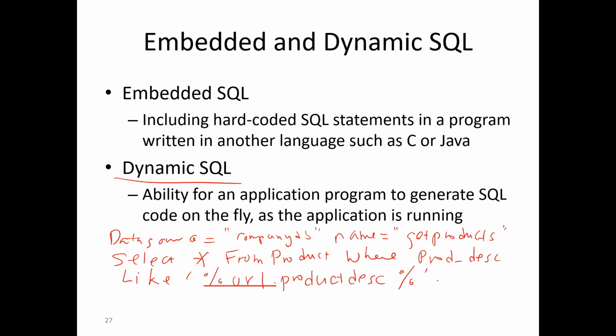So as you can see, in this example, the data source defines the name of the database to be accessed by the code, and the name get products creates a container where the query results will be stored.